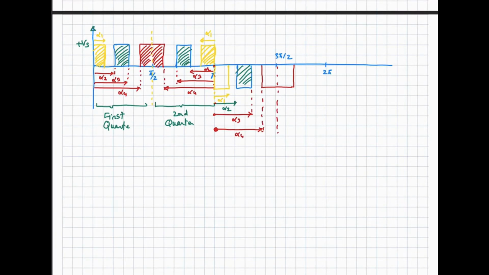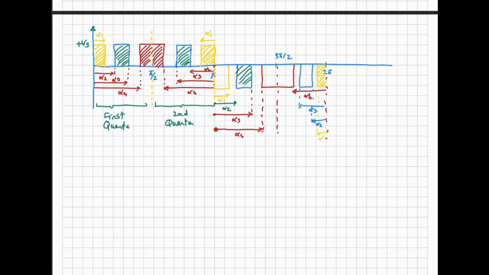Okay, so now taking the angles from this side, this angle is alpha 4, and if I draw the pulse over here, this angle will be equal to alpha 3, and this angle will be equal to alpha 2, and finally if I draw that one, please excuse me for the scale, but basically these angles are the same.